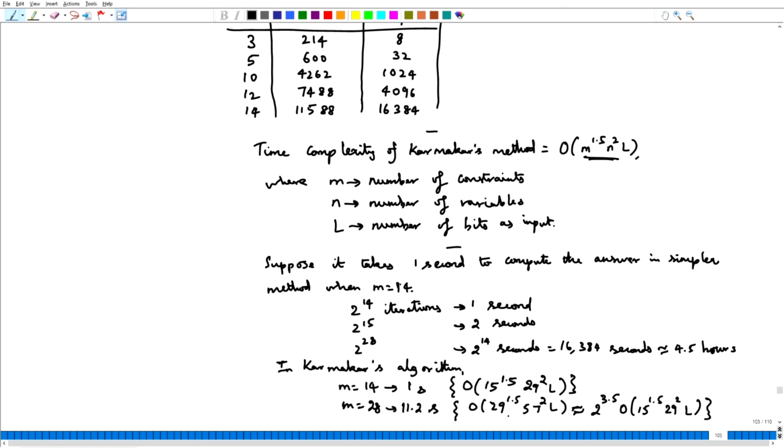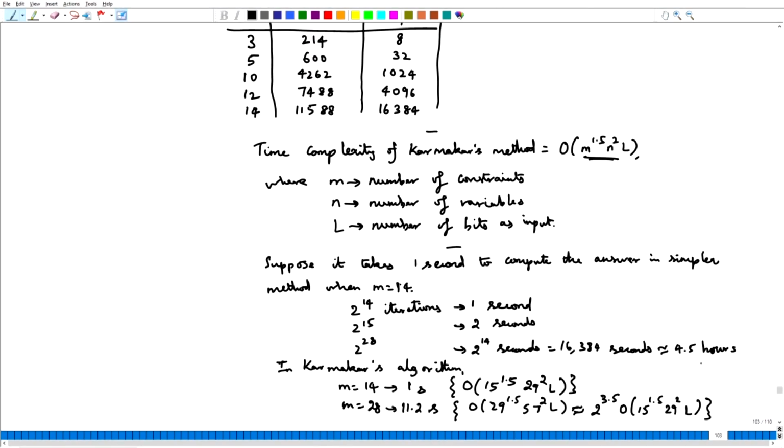So, what this tells us is that when you use Karmarkar's algorithm for large values of m, whatever we work out in class are small problems, right. When you work out large problems like in this example, Karmarkar's algorithm performs much faster than the simplex algorithm. In the simplex algorithm, when m equals 28 it takes 4.5 hours, whereas in Karmarkar's algorithm it just takes 11.2 seconds.